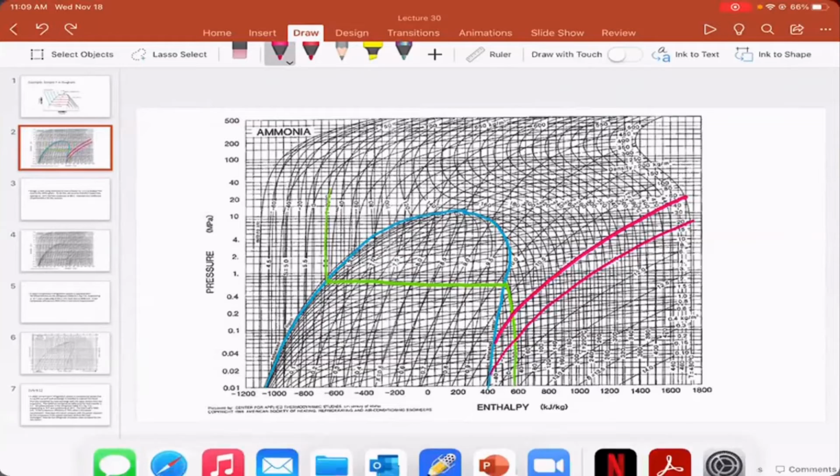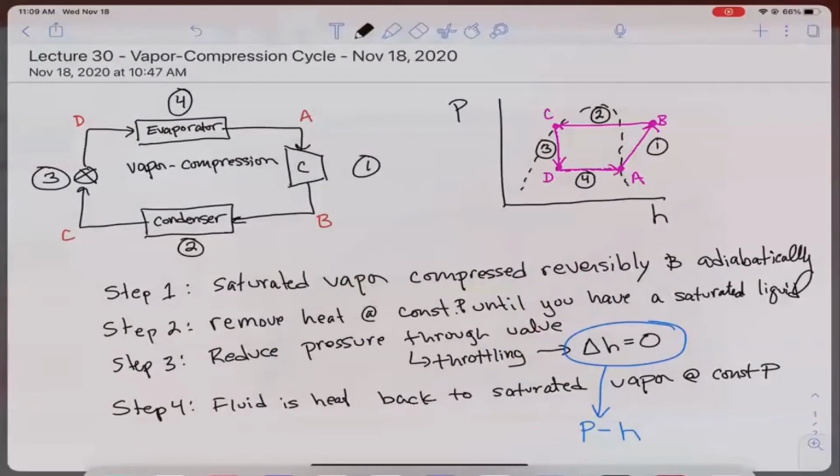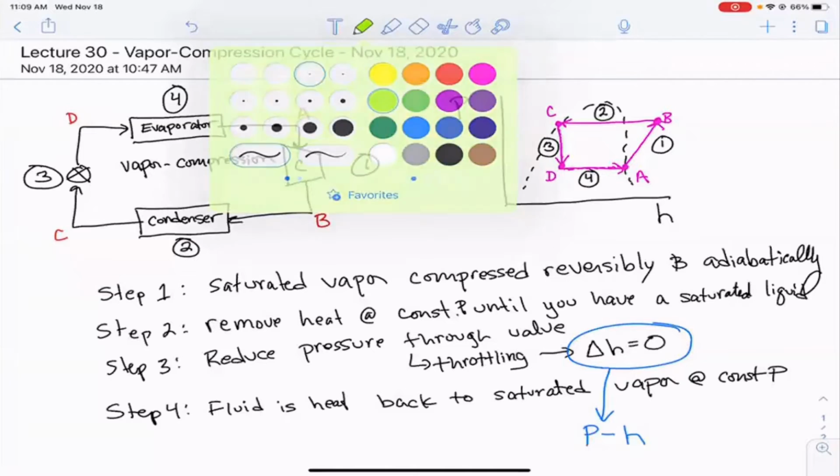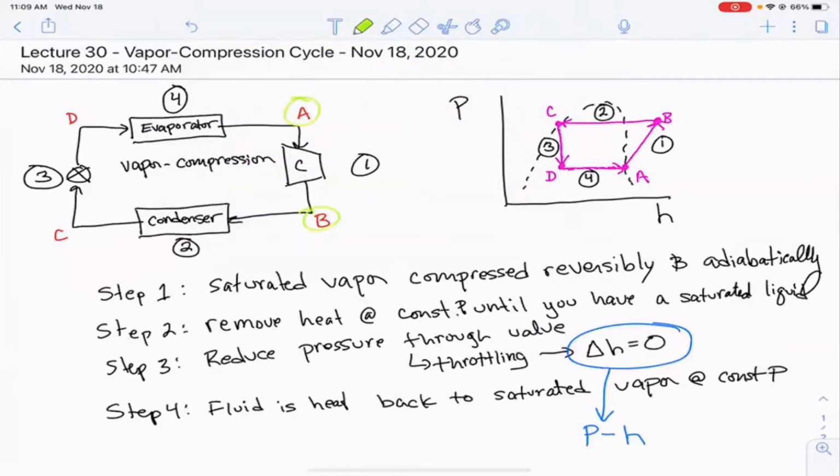So just like we talked about in the Rankine cycle, to evaluate this process, we're going to try to determine the enthalpy at each one of these locations. And fortunately, we have a diagram that we are going to be able to use to do that directly, right? The pH diagram has the enthalpy right on its x-axis.